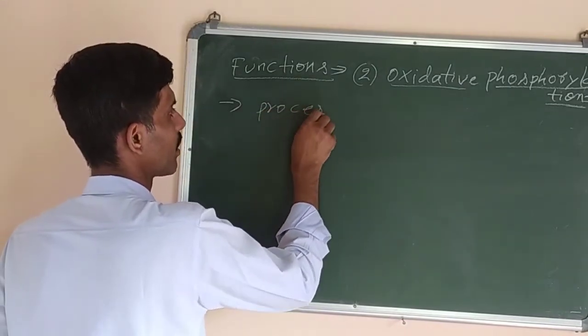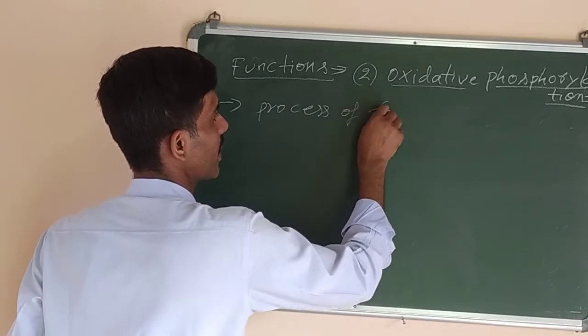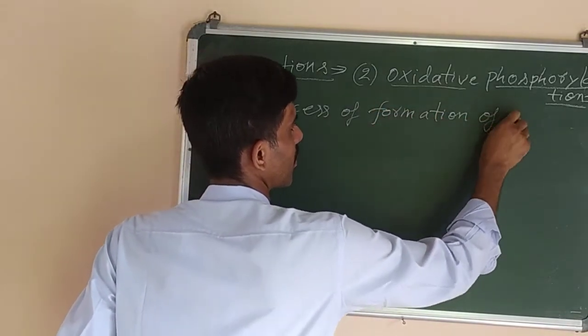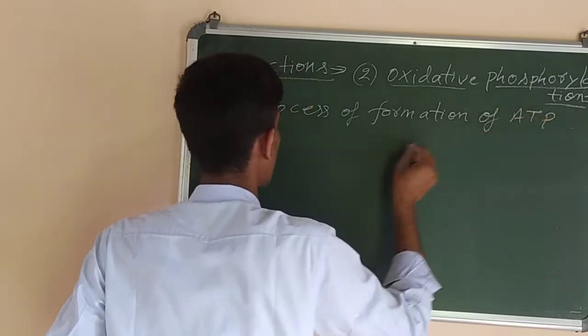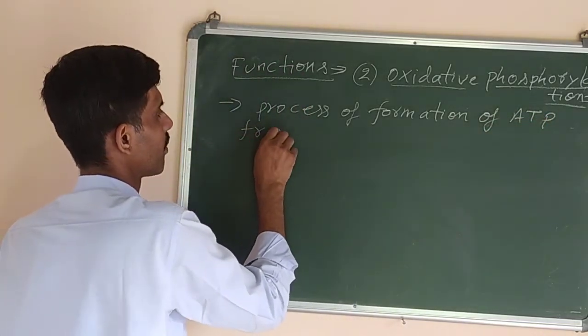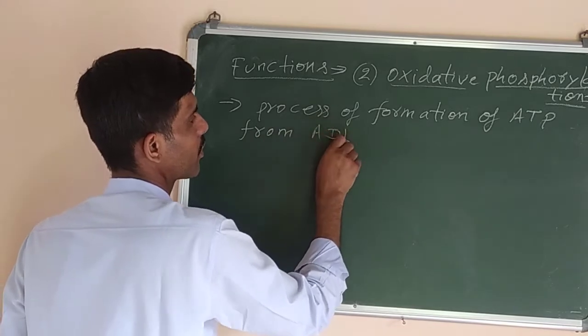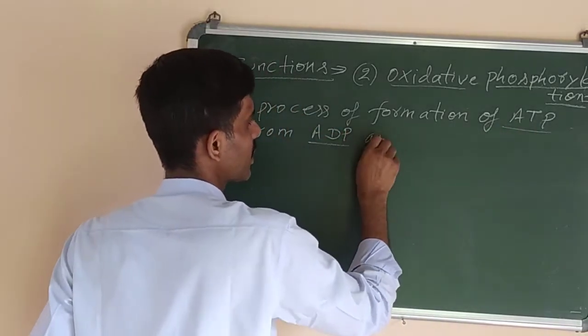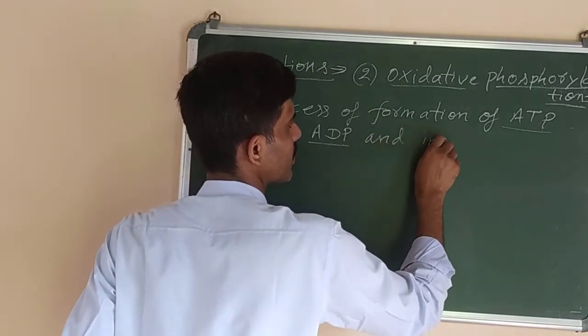Process of formation of ATP or synthesis of ATP from ADP. Now what are the full forms? Adenosine diphosphate, this one is triphosphate, and inorganic phosphate.